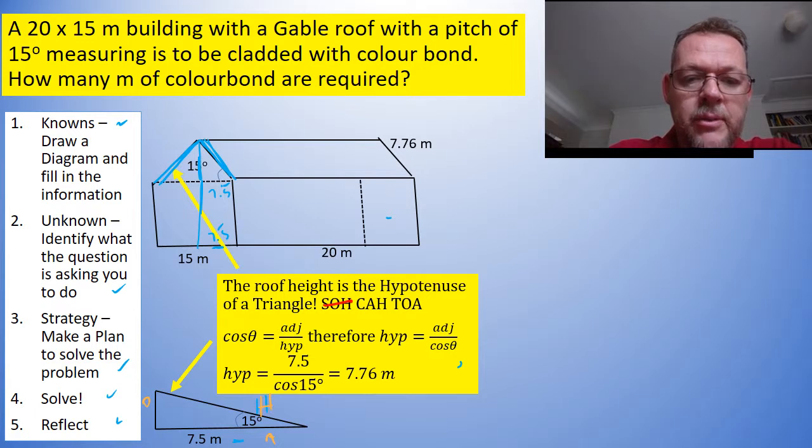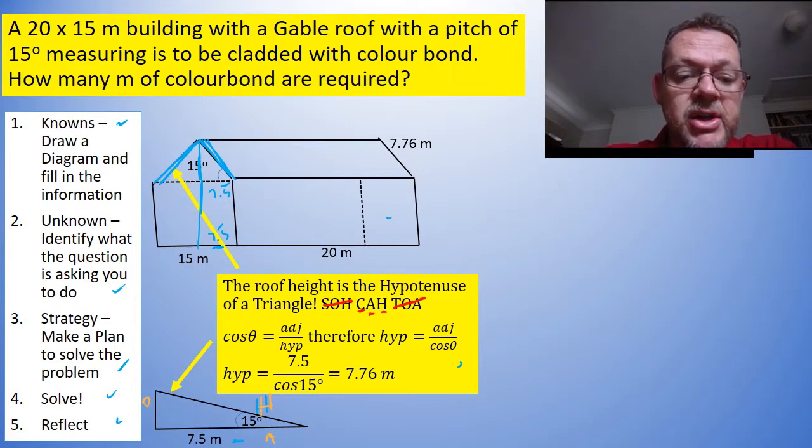We don't care about the opposite, so that rules out sine. We do know the angle, so we know the adjacent, and we want to find the hypotenuse. So it's got to be cos, and can't use tan because we don't really care about the opposite. So we know that the cosine of any angle is the adjacent divided by the hypotenuse.